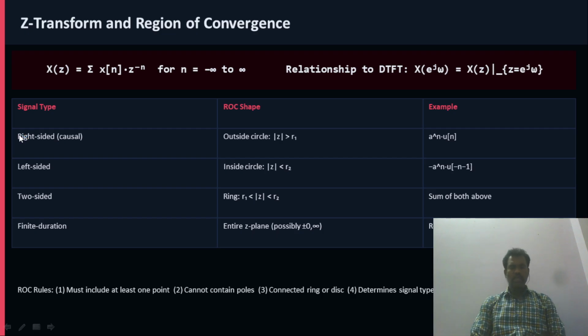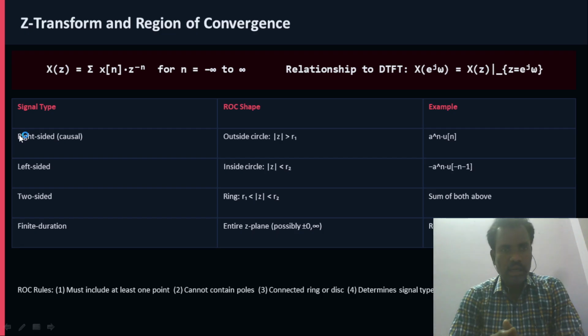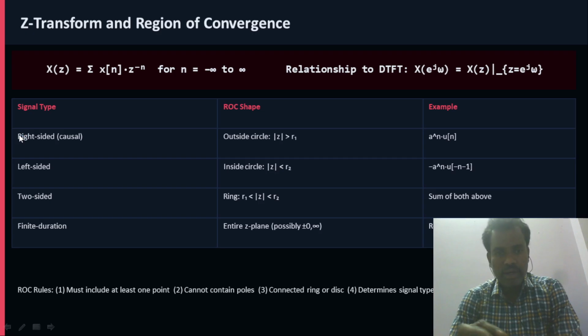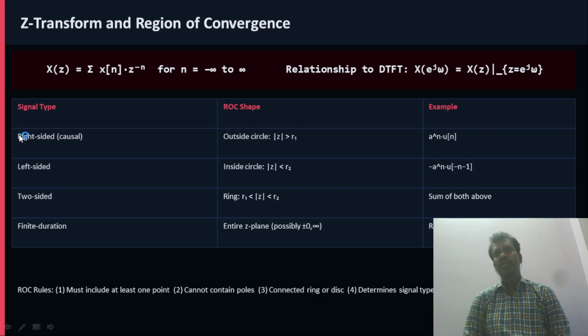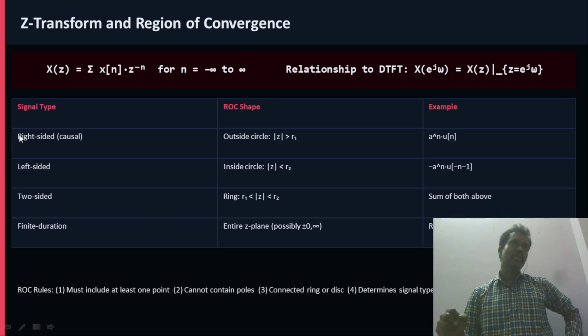And we'll see that even if you multiply with r power minus n, it may not be possible to convert it into a finite sum. It is possible to convert that summation into finite only for particular values of r. The sigma r power minus n into x of n may become a bounded signal for particular values of r only.